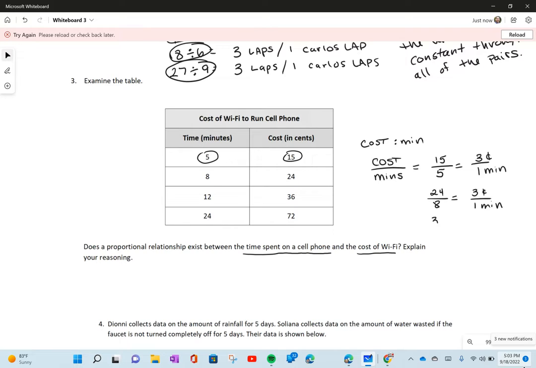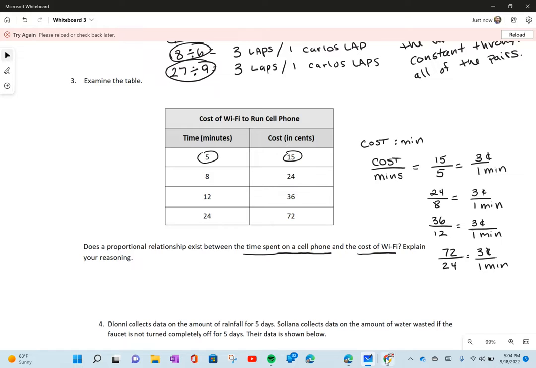Let's check the others, because every single pair has to have the same unit rate for this to be proportional. And so far, so good. The last one is 72, and you can use a calculator to double check these. It does end up being 3 cents per minute, no matter how long you talk.